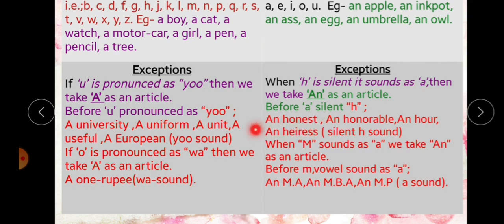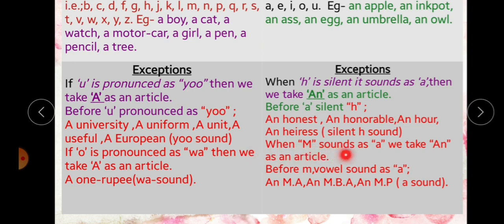So we will use an before h as an article. In the same way, an honorable, an hour, an heir. So over here we can say h is silent, therefore whichever word comes after h, we will consider as a vowel, and for that we will put an as an article.